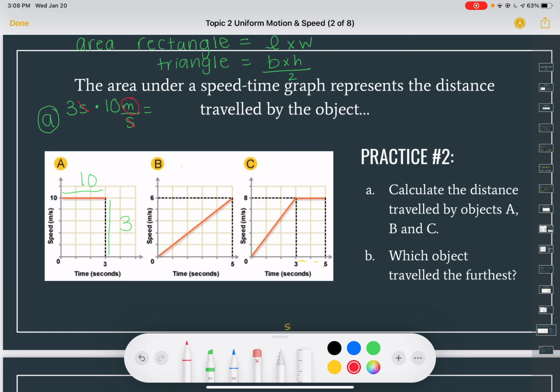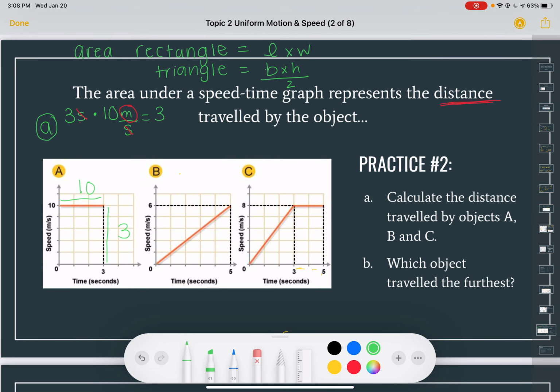And what we'll be left with is meters. So when we're doing this, we're actually calculating distance. And that's what it literally said in the question: to find the area, we're finding the distance that something traveled. Perfect. So for 3 times 10, we get 30, and that's meters.